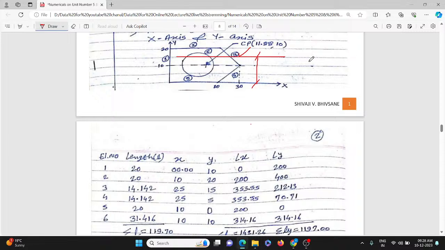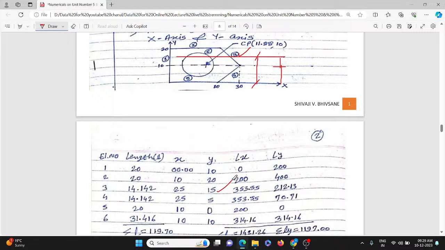So what is this distance? We know this distance is equal to 10. So 10 plus this distance, which is 5. So here y is nothing but the distance from the centroid of the line perimeter of element number third from the x-axis. So that is 50.